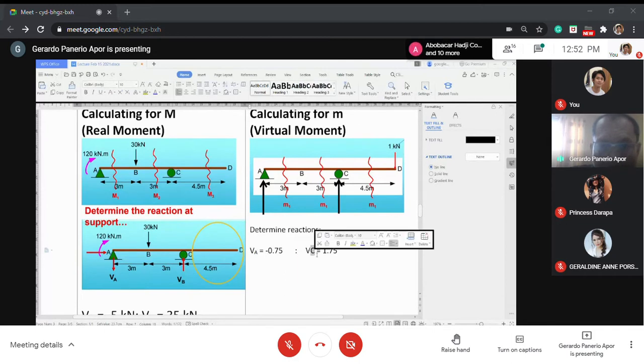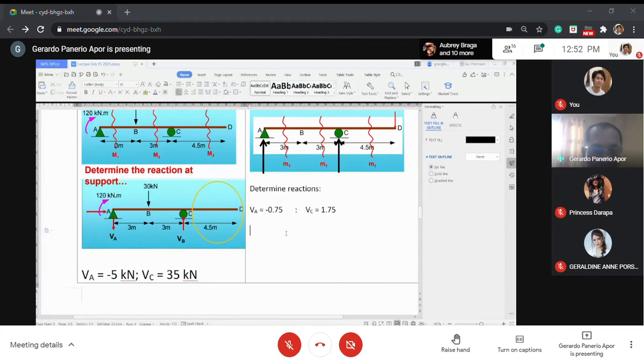So that the sum of the vertical load is 0. Now, if I am going to consider this figure, I will have a figure like this.